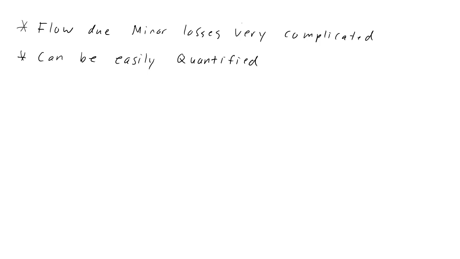And so for minor losses, we know H sub m, H being the head loss, the minor head loss, is proportional to V squared over 2g. And of course we throw a K in there to make it an equality.